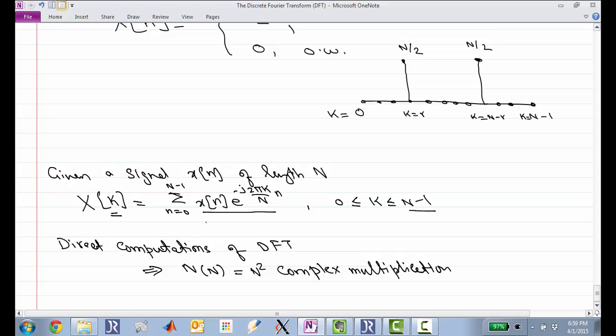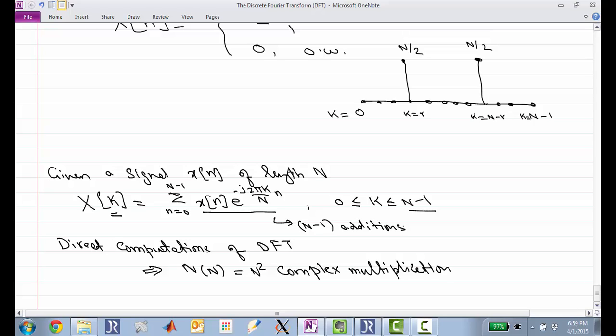You can also compute the number of additions that you have to do for each value of k. For each k, you have N terms, right? So that means you are doing N minus 1 additions. If you are adding 2 terms, then you are doing 1 addition. If you add 3 terms, then you do 2 additions.